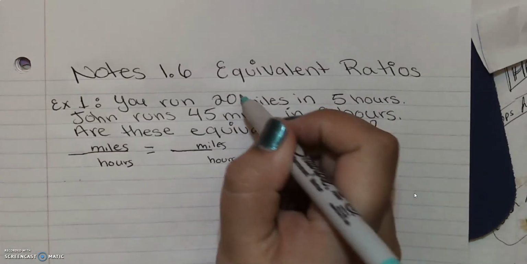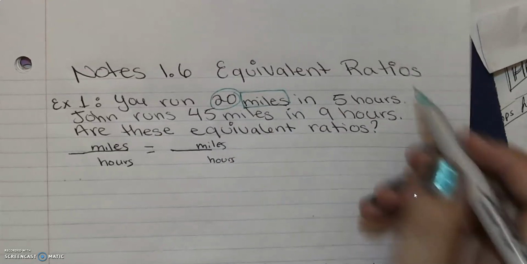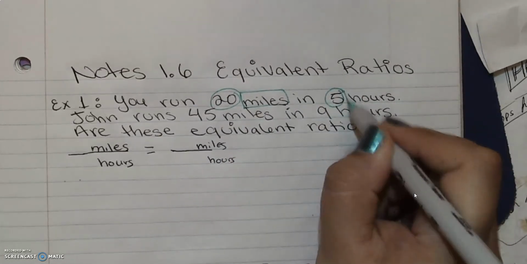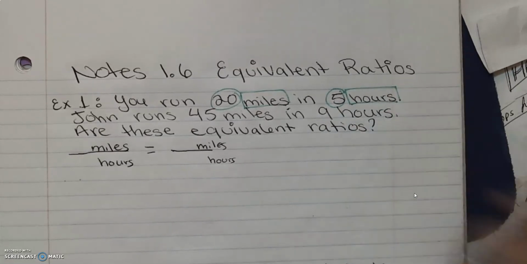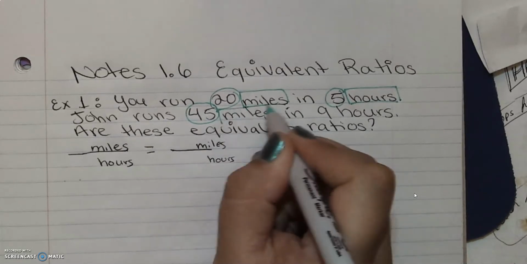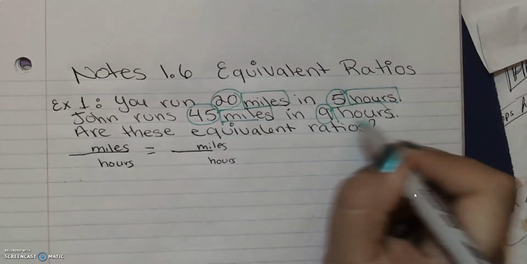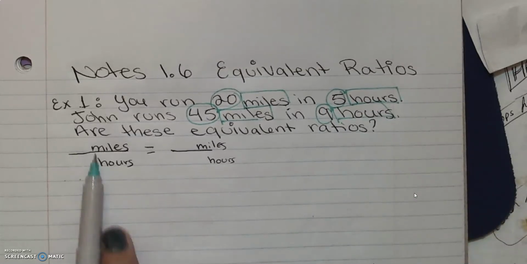We have 20 miles and then we have 5 hours. Then down here we have 45 miles, and we have 9 hours. So let's go ahead and put these in here.